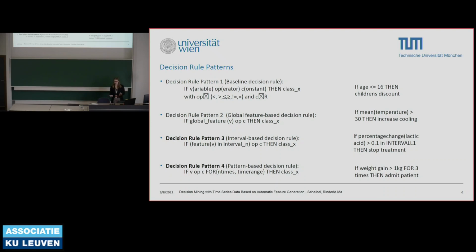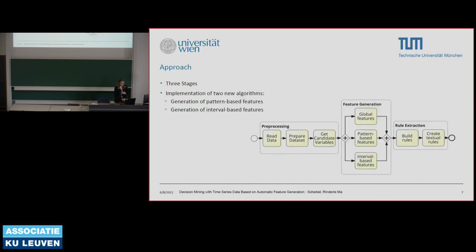Another example from the medical domain, and that's a true example for diagnosing preeclampsia in pregnant women, is if the weight gain is greater than 1 kilogram for 3 times, so for 3 consecutive measurements, then a patient has to be admitted. So we can also see here that we have a lot of application potential in medical domains as well. Yeah, so let's take all of that and put it together for the whole approach.